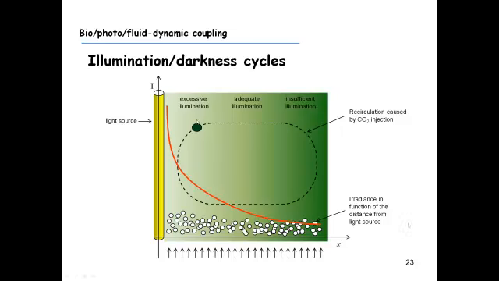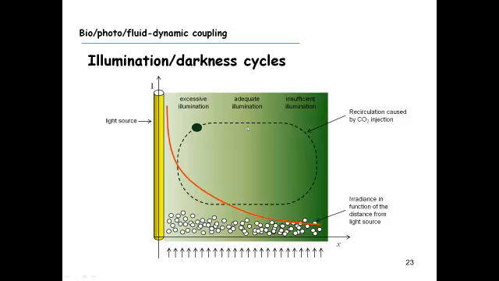Okay, so what happens in the photobioreactor is something like this. This is the light source, the excessive illumination region, adequate illumination region, and insufficient illumination region.